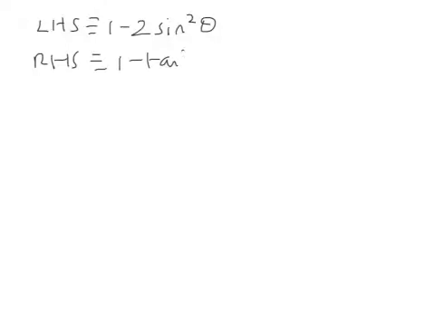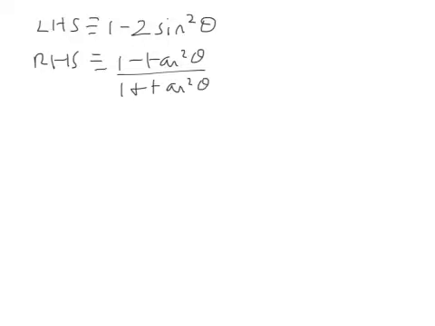In part B, the left hand side is 1 minus 2 sine squared theta. The right hand side is 1 minus tan squared theta over 1 plus tan squared theta.